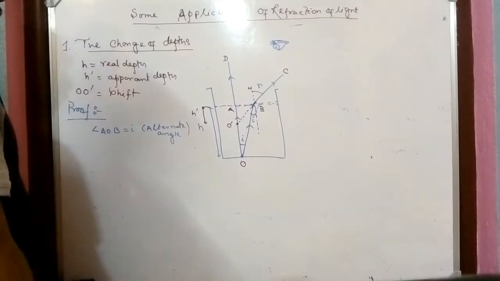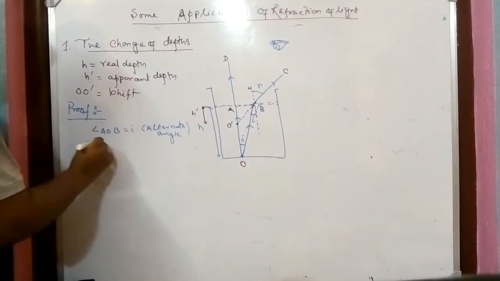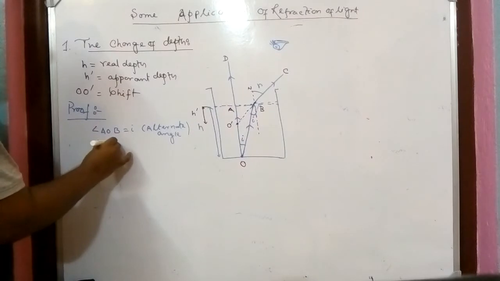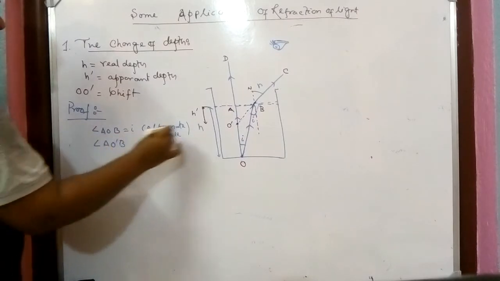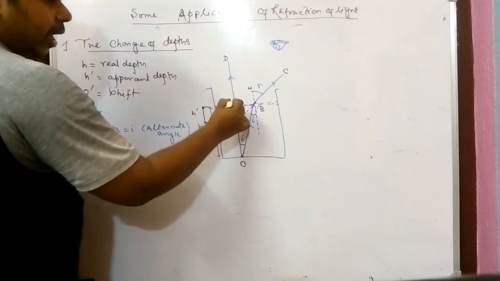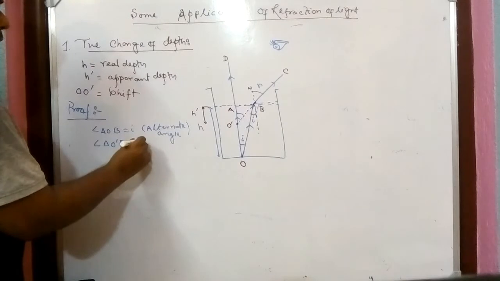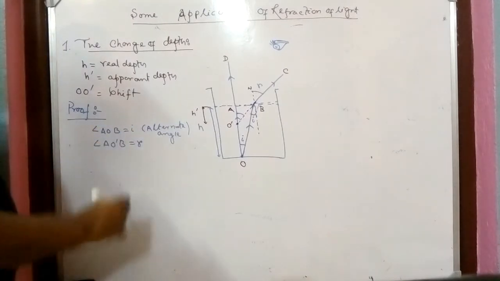Okay. And if I have taken here that angle, if I have mentioned angle AO'B, that is this angle, so this angle AO'B is equal to r. Why?